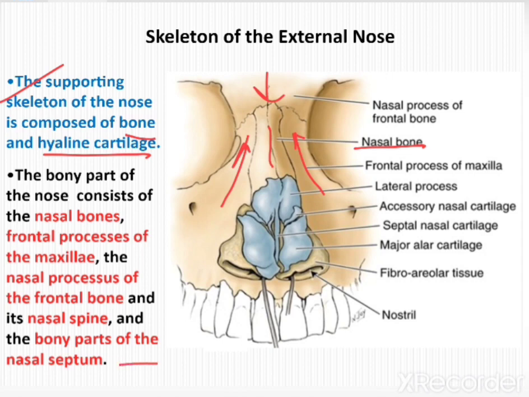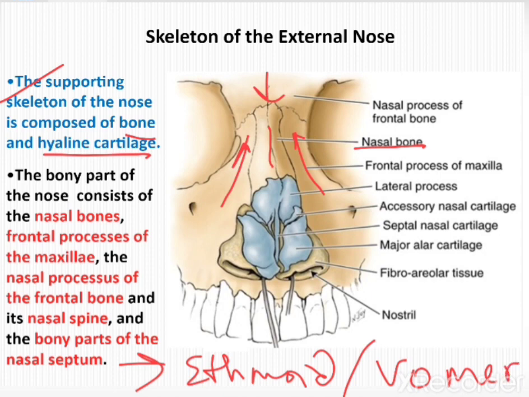This bony part of the nasal septum is made up of the ethmoid and the vomer. So these are the bony parts of the nose.